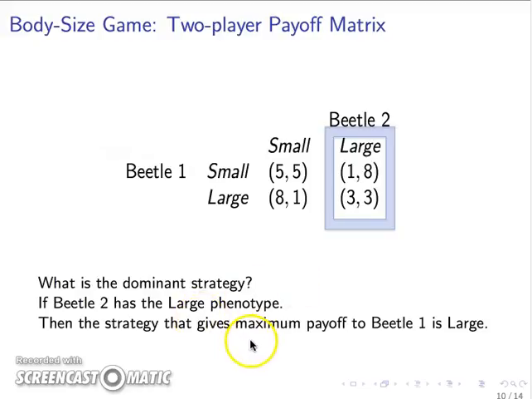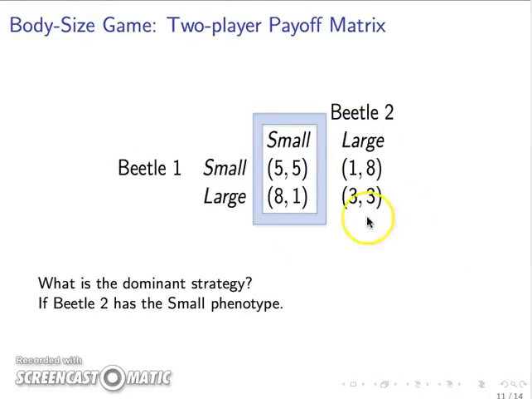So the strategy that gives the largest payoff to beetle 1 would be large. If beetle 1 could choose what phenotype to carry, then based on this analysis, there are two scenarios for beetle 1, because beetle 2 is locked into this body size, and out of these two scenarios, one gives a payoff of 1, the other one gives a payoff of 3. The one that gives the largest payoff is large. So the strategy that gives beetle 1 the largest payoff would be the strategy we're calling large.